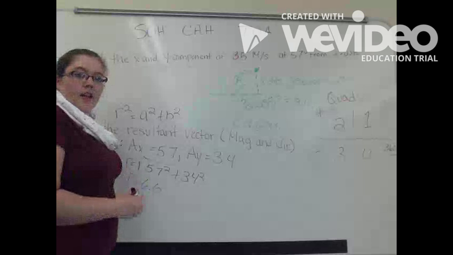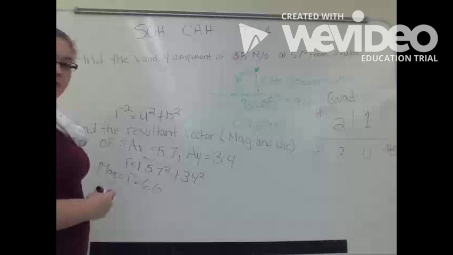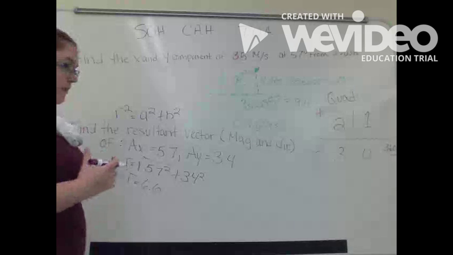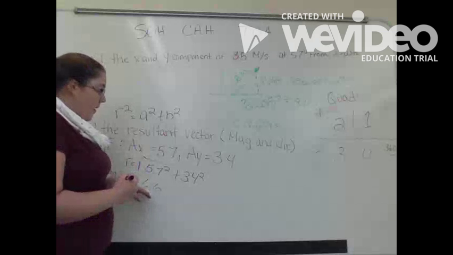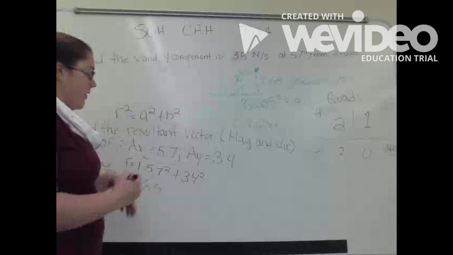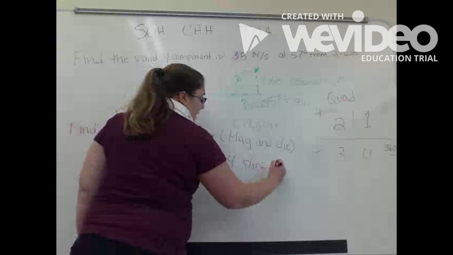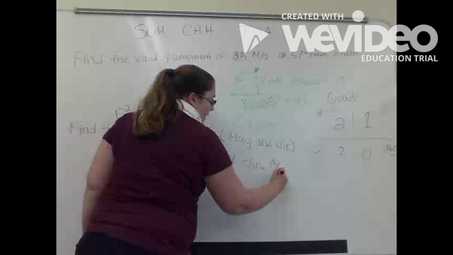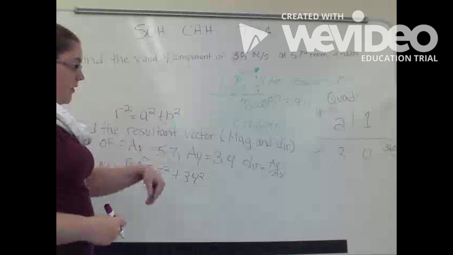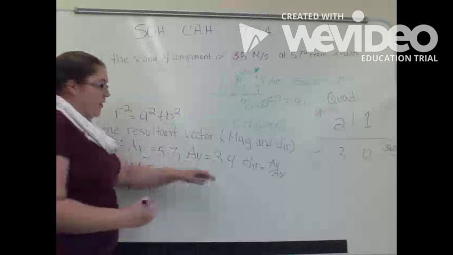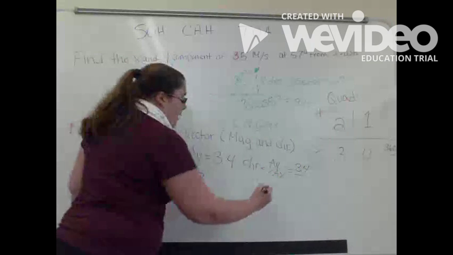Okay, then next thing I do, I need to find that angle, some angle for this vector. Okay, and so I know my magnitude is 6.6, but to find the direction, you have Ay divided by Ax. Okay, so y divided by x, right? So it's, in this case, going to be 3.4 divided by 5.7.